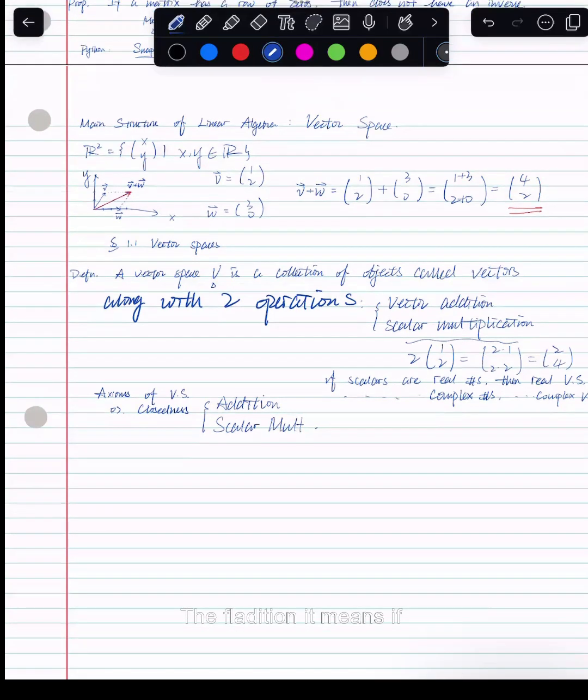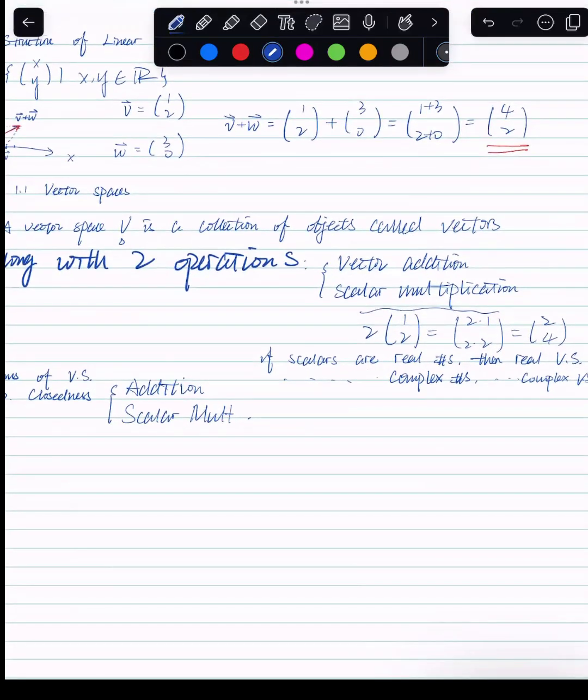For addition, it means if we have two vectors u and v that belong to this vector space.